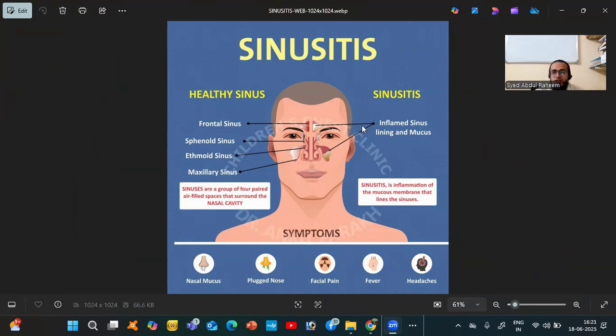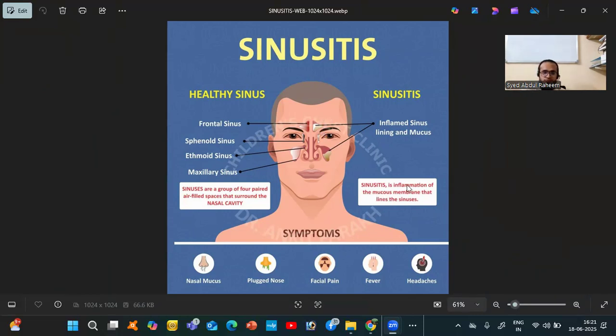But in sinusitis, what will happen? There is an inflammation in that area. Mucus is present in that area. With inflammation, the patient has a running nose, and mucus will come from the nose.